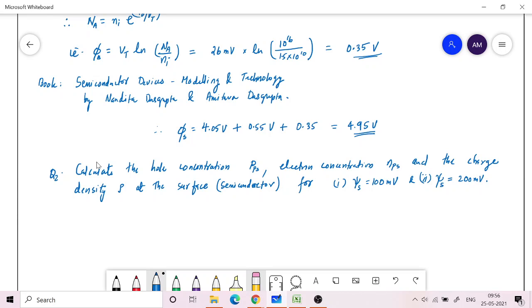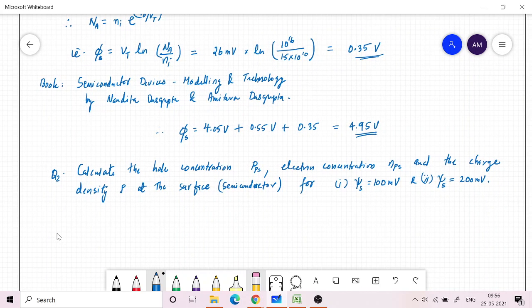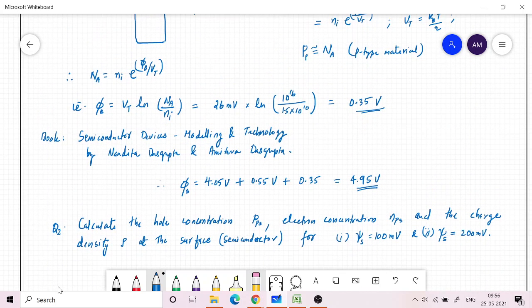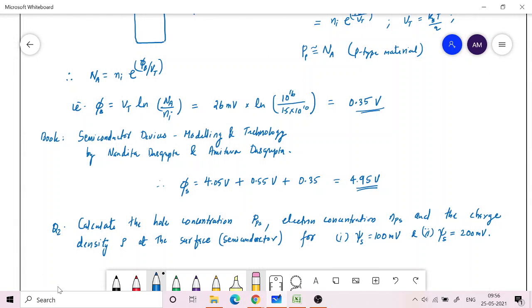So we are given the voltage drop inside the semiconductor. This is a continuation of the earlier problem. We have phi ms equal to 0. All the parameters that we stated earlier we can take the same, as it is a continuation of the earlier problem.